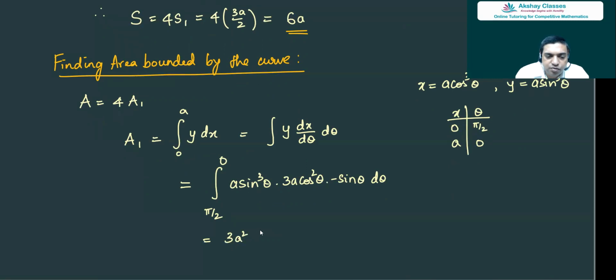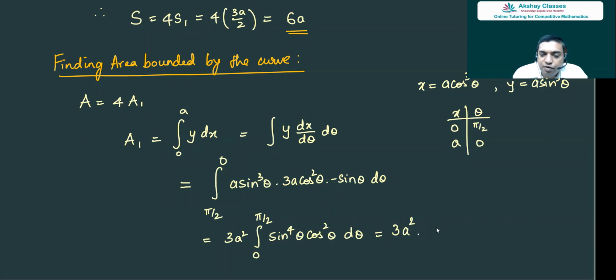So 3a square comes out, and the minus sign can be removed by interchanging the limits of integration. And we have sine to the power 4 theta cos square theta, the same integral which we got by substitution.